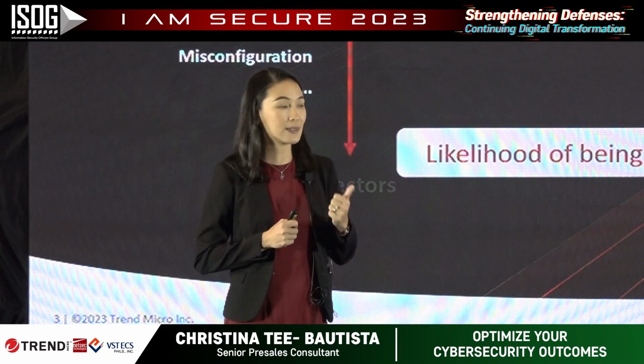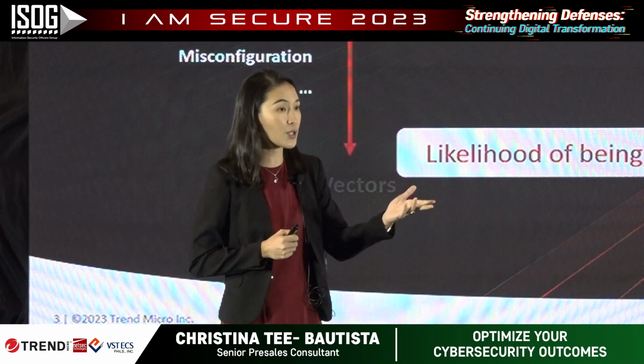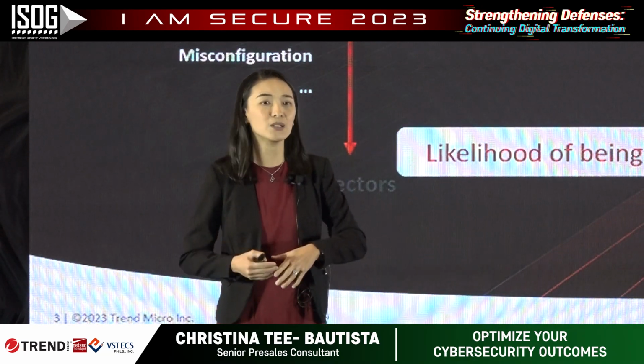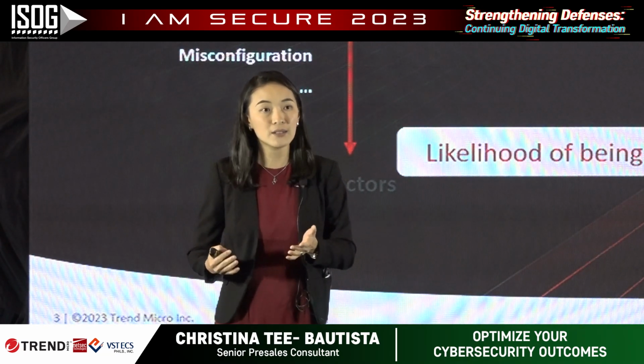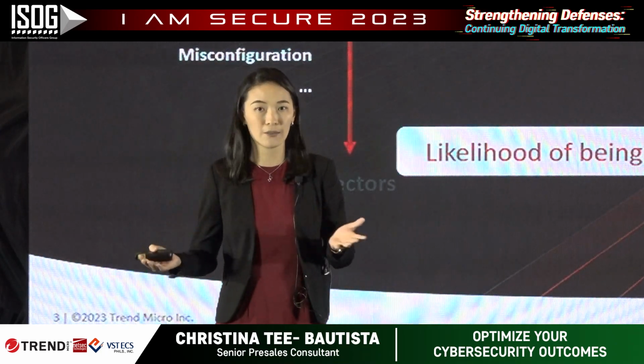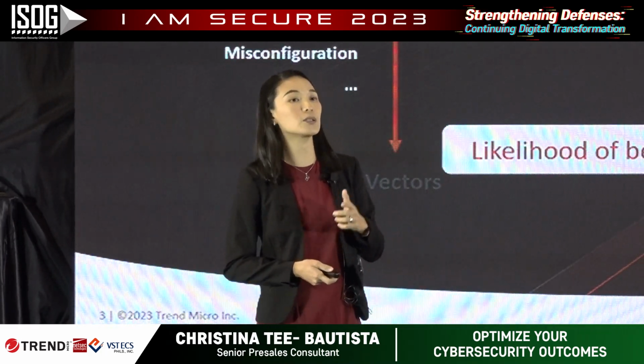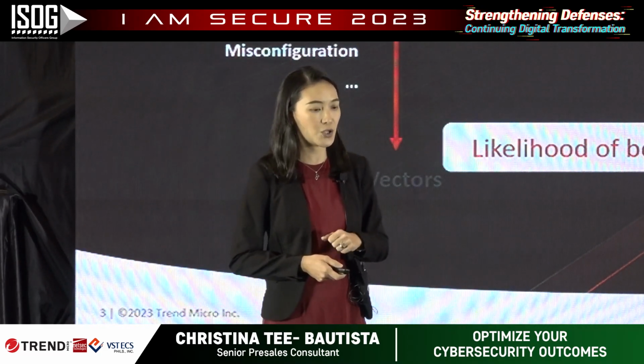So when we talk about attack surface, it is not just the infrastructure like your servers, your endpoint, your email, your network, but it also talks about your identities, your SaaS applications, and we have cloud nowadays, and of course, IoT devices as well. All these are part of the attack surface of every organization.